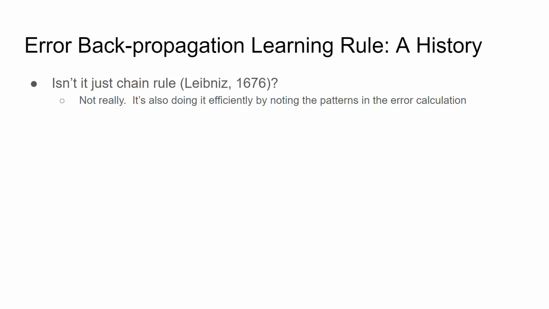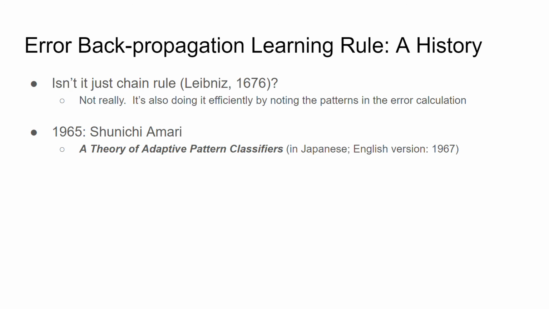So people say, all right, fine. Leibniz didn't come up with this. If we look around for other sources, there's a nice paper, A Theory of Adaptive Pattern Classifiers, from '67, which is even before the Perceptrons book, pointing out, hey, look, you can do this. You can take this derivative.